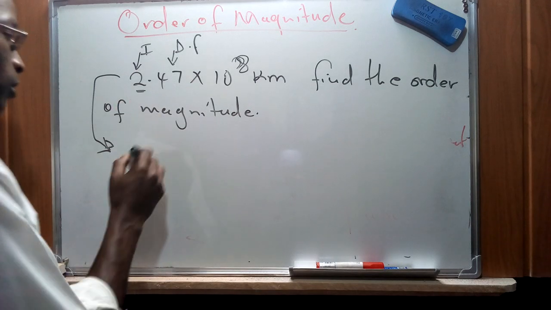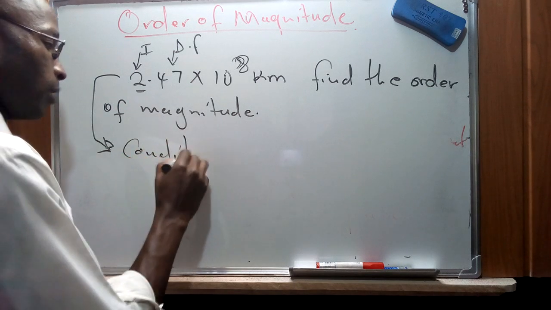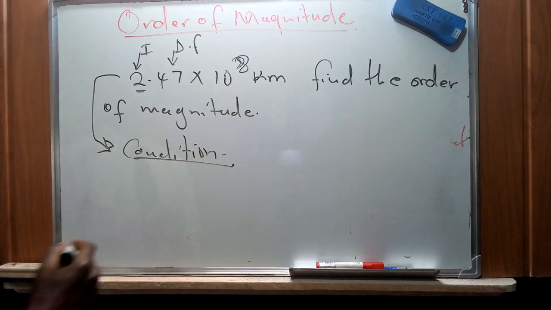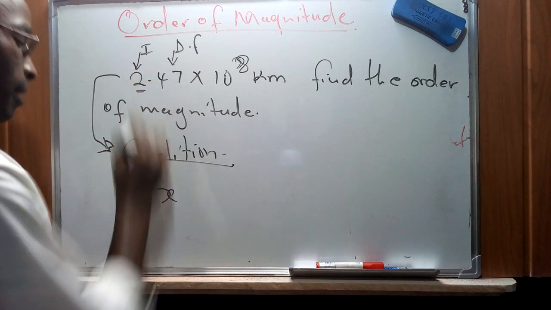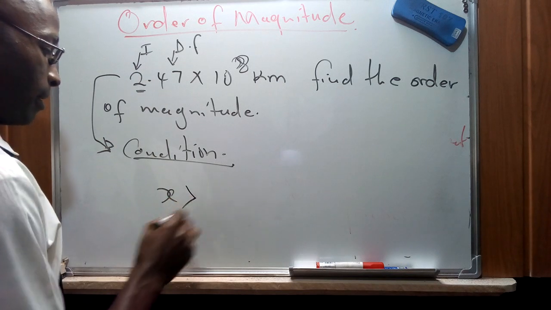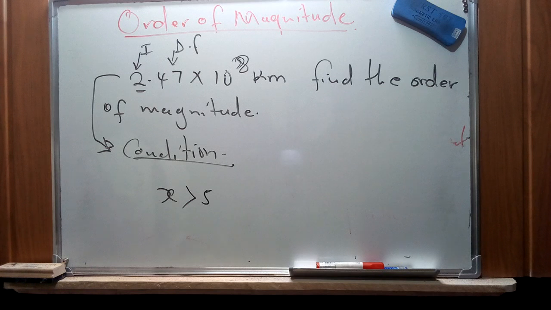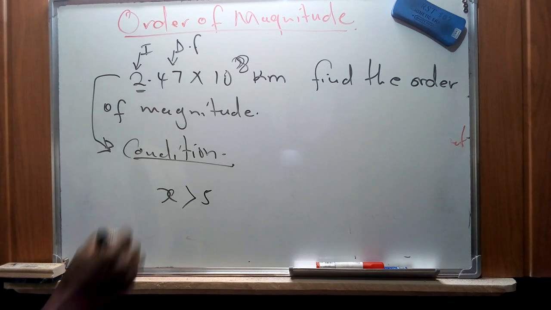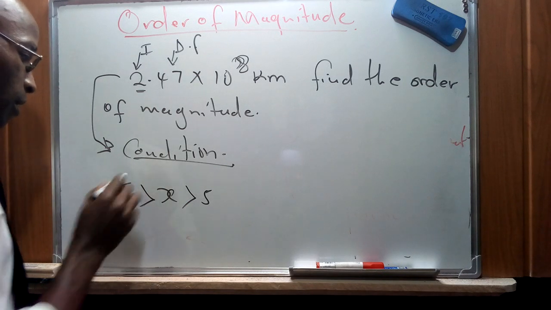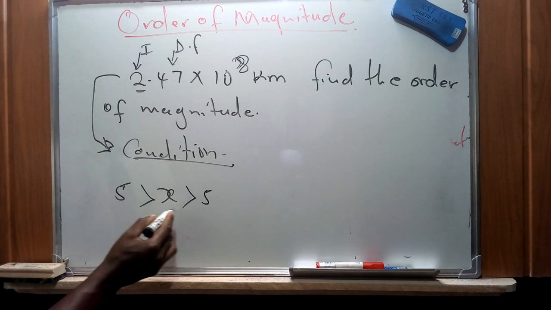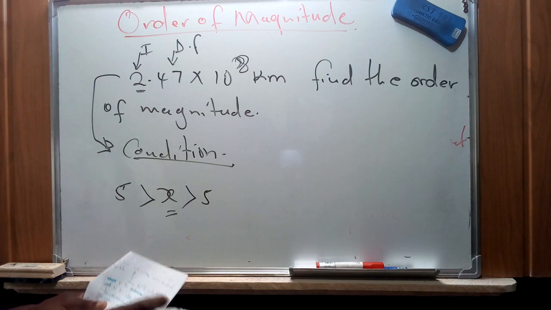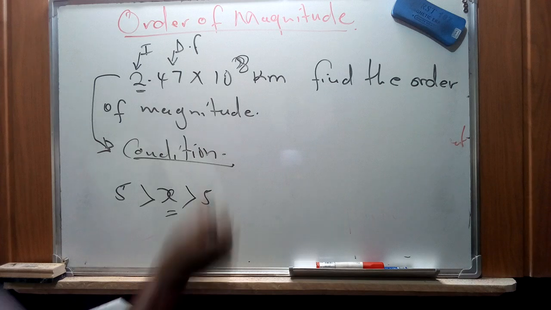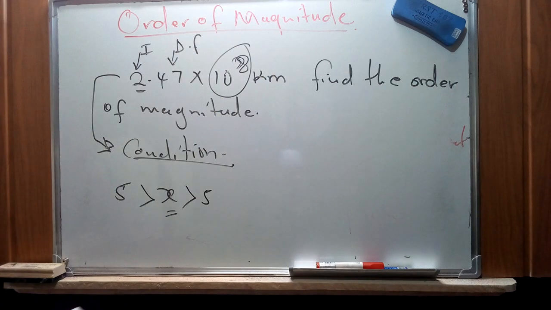So in this case, we consider a condition to convert this specific number into its order of magnitude: if the integer part of the number is greater than 5, we're going to increase. There are two conditions. The first condition is that if the integer part of the number is less than 5, the order of magnitude is the power of the quantity given, which is 10 raised to power 8.